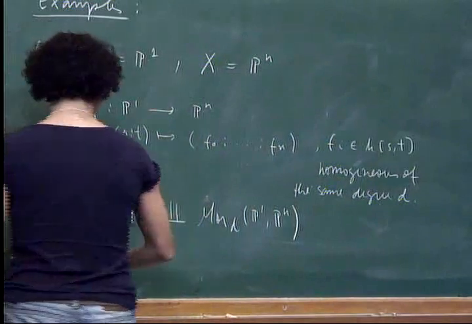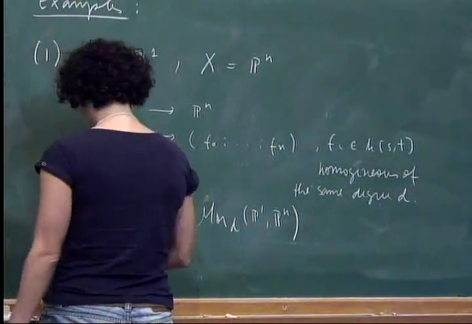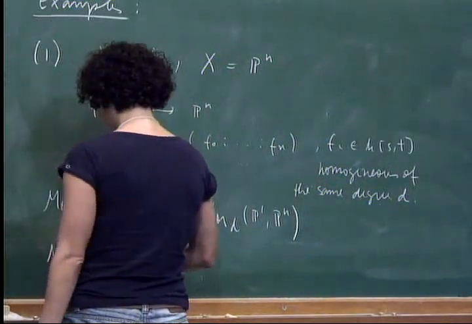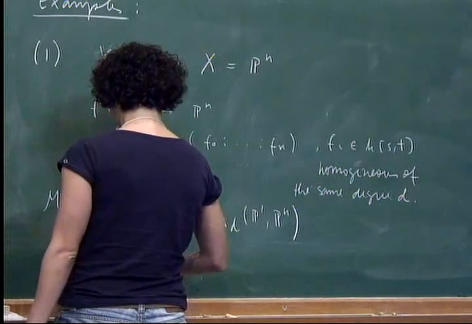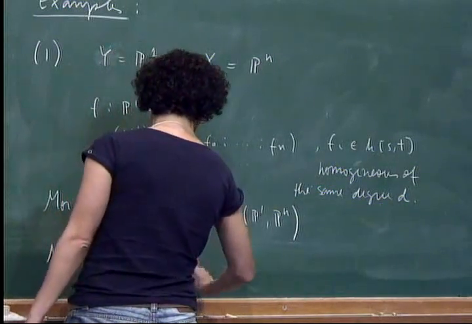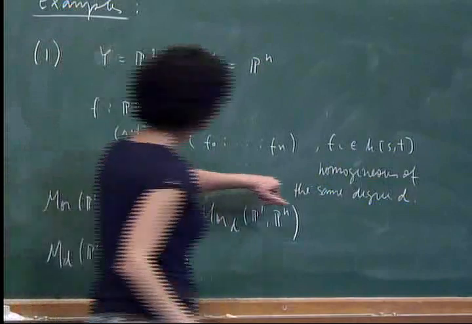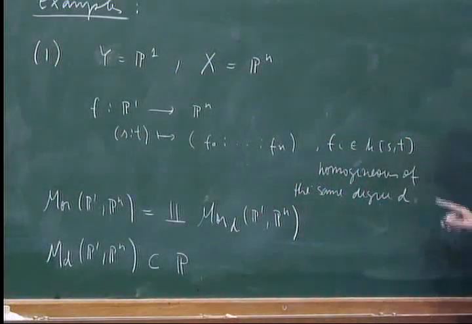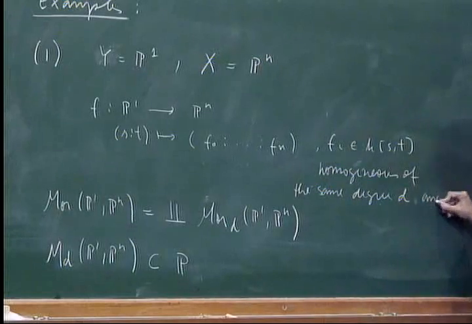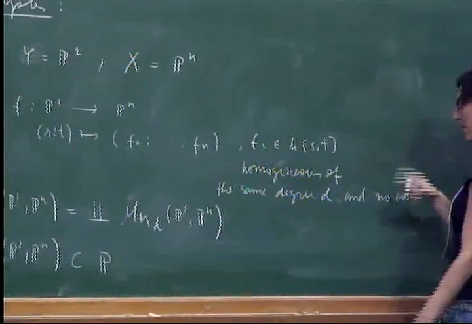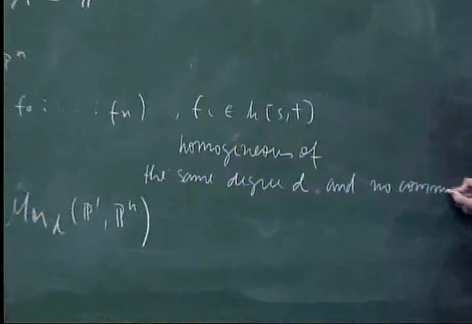And each one of those will be an open subset of a certain projective space. So here the polynomials are of the same degree, and we also have to require that they have no common factor. Otherwise we cancel them out.